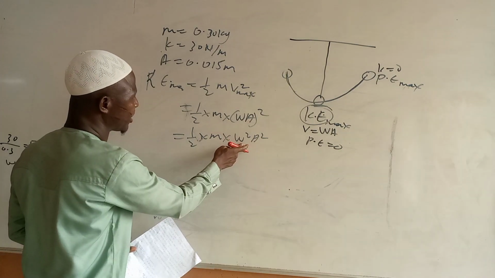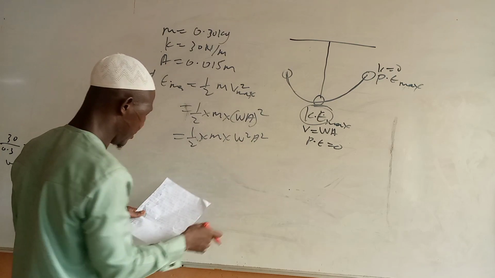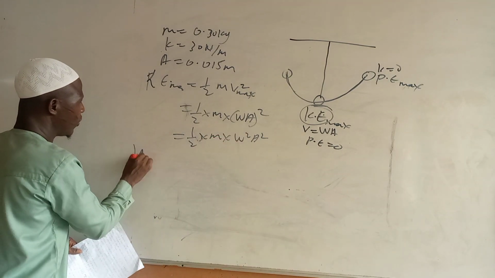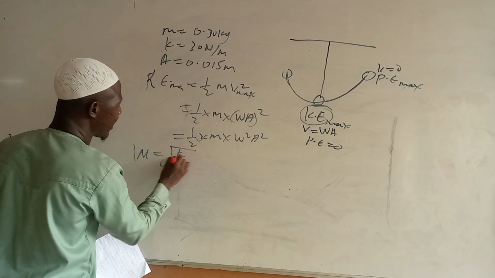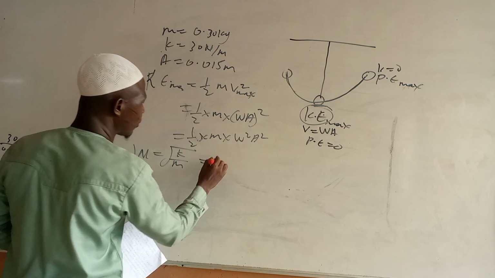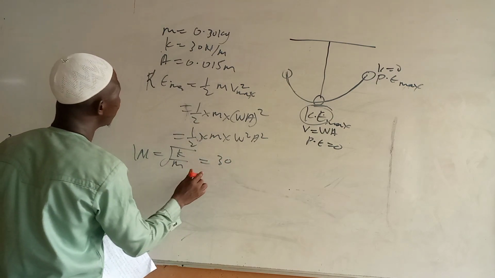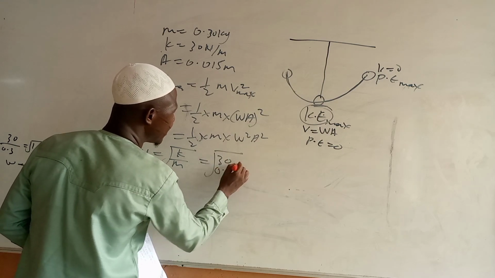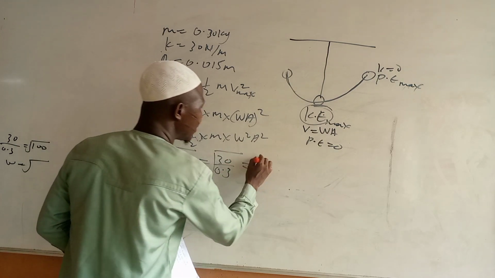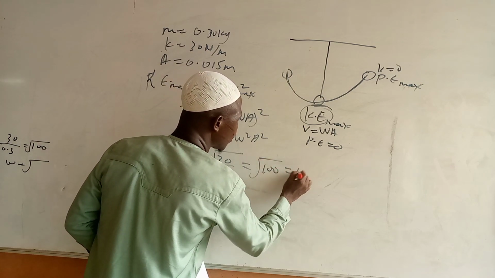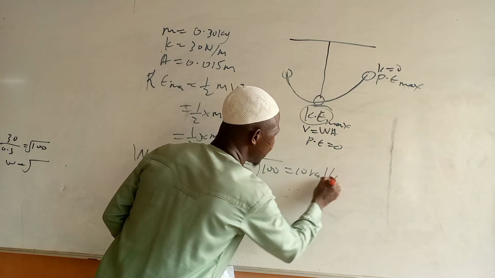Because K is given, we know omega is equal to square root of K over M. Then K is equal to 30, M is equal to 0.3. So this one will give us square root of 100, which is equal to 10 radian per second.